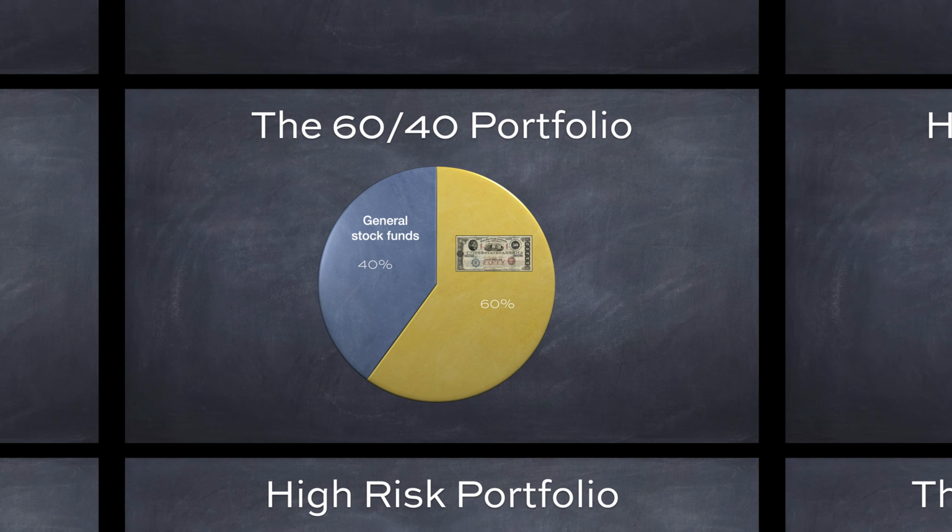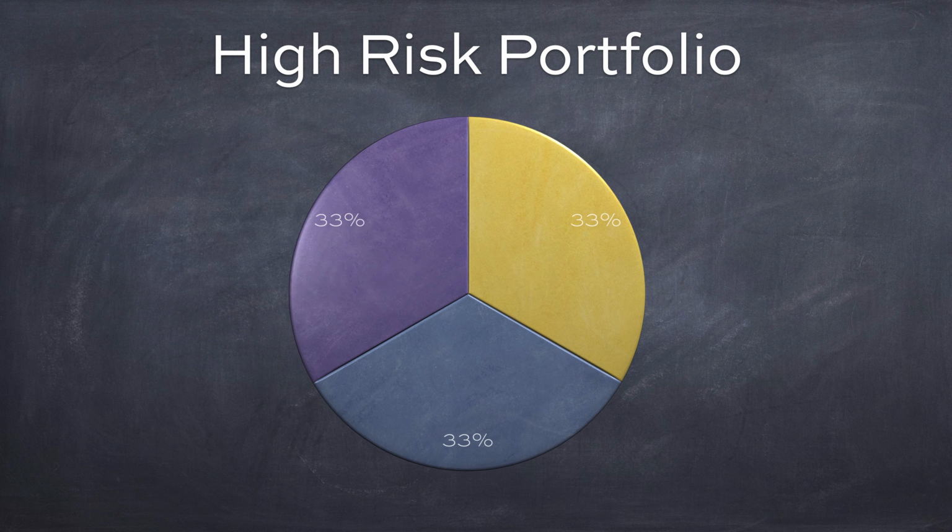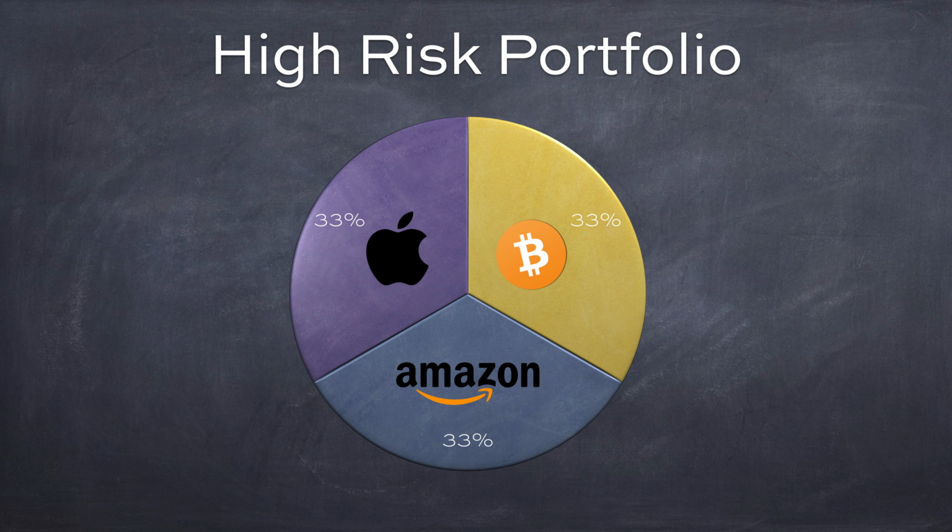Here's another example, and this one is a higher risk portfolio. That would look something like this, where you split your assets up into just a few bets, and you're going 33% on 3 bets. So let's say you have a lot of confidence in Apple. So you go 33% in Apple, you go 33% in Bitcoin, and then 33% in Amazon. So you really are just very confident in these 3 assets, and so you are somewhat going big on them.